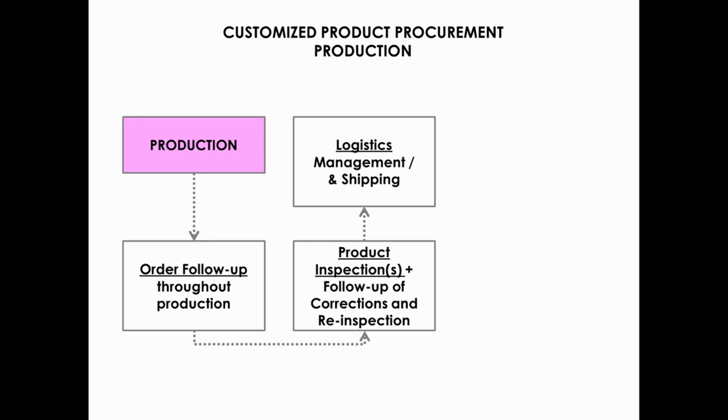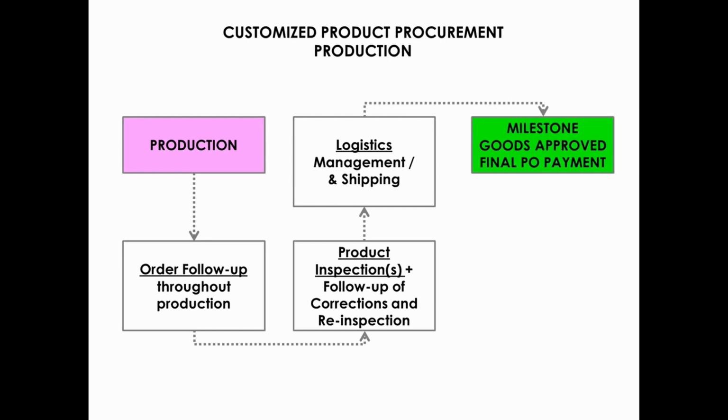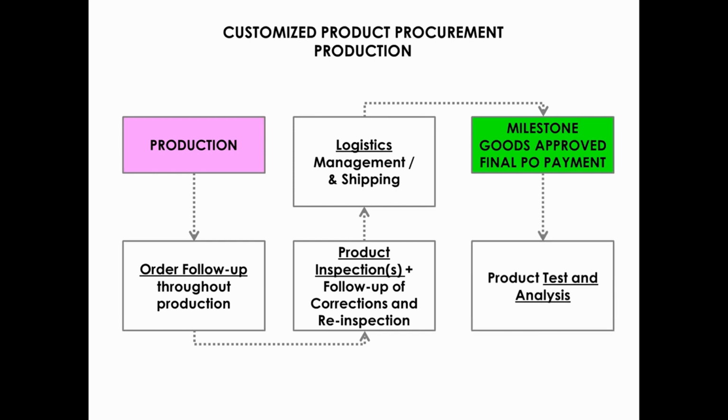Before goods are sent, depending upon your payment agreement, you would generally need to pay the balance of the purchase order. Now, this will be another payment milestone in your plan. For ongoing production, your product test results would be analyzed against a test plan you already have in place. This allows you to monitor performance and other key information and KPIs.